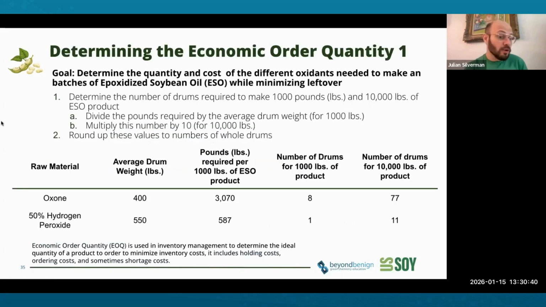And so from here, we get into the weeds, right? We're going to start to talk about the realities of how, if you're only making, say, 1,000 pounds of the epoxidized soybean oil versus 10,000 pounds, these factors really come into consideration. And so what you see on the screen here is that not only do the two different oxidants that we're considering, oxone versus hydrogen peroxide, have different densities, but this means that, right, a container filled with these different chemicals will weigh different amounts.